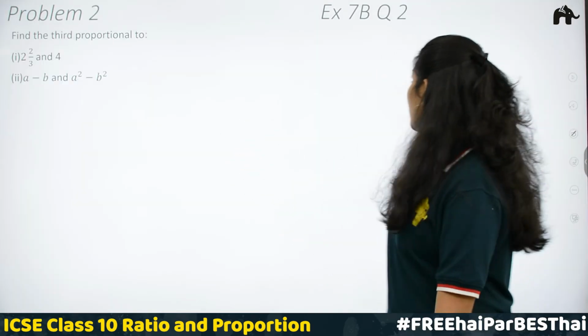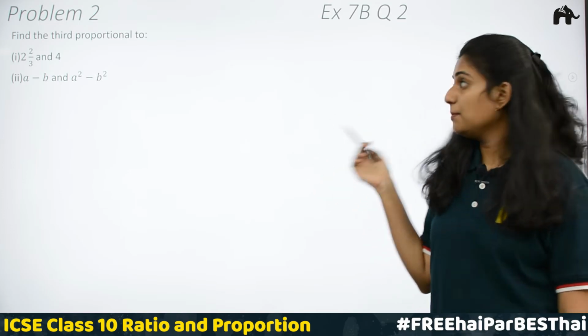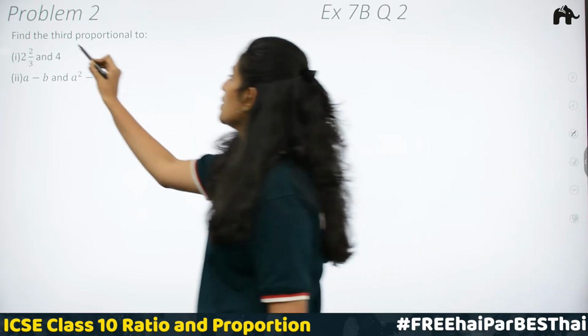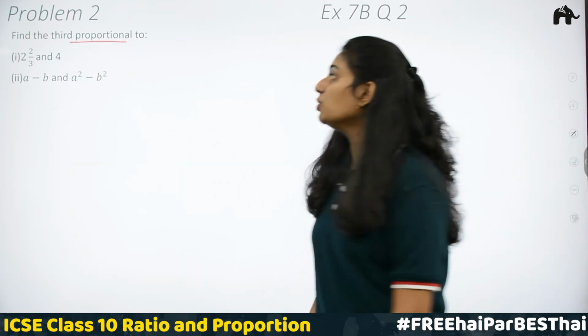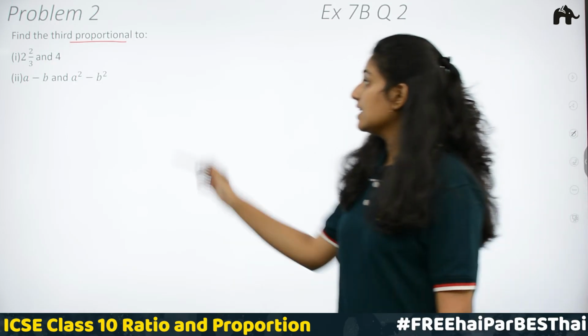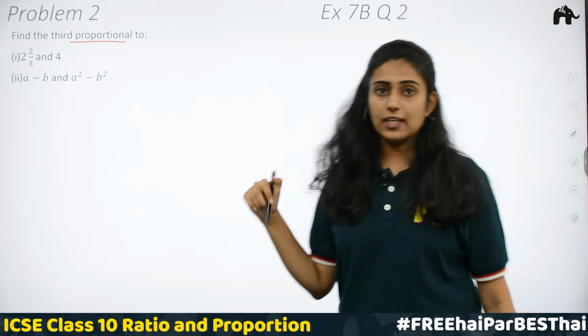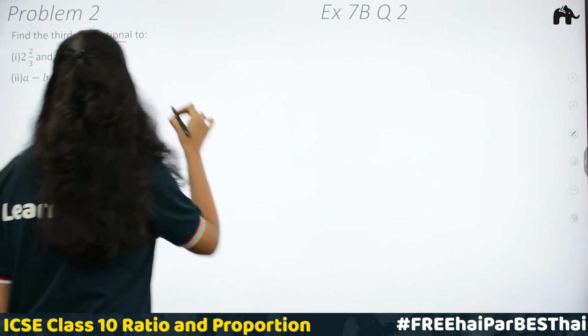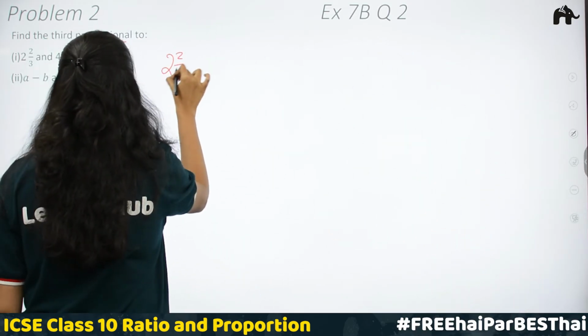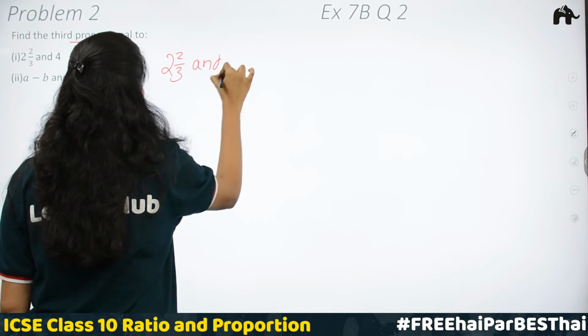Second problem, question number 2 of exercise 7b. Find the third proportional to, first, 2 by 3 and 4; second, a minus b and a square minus b square. Let's take the first question, 2 by 3 and 4.